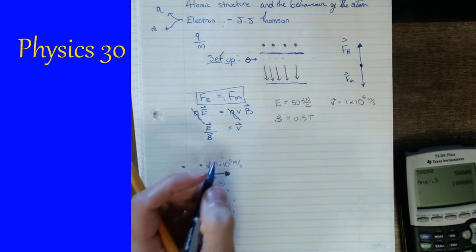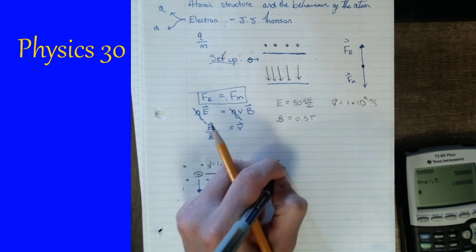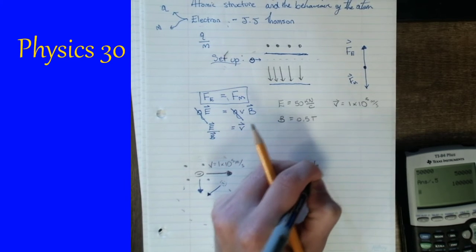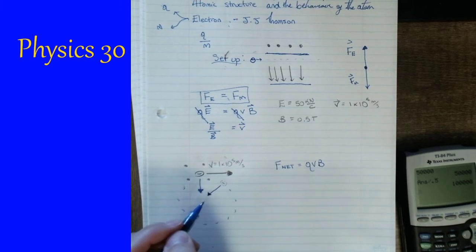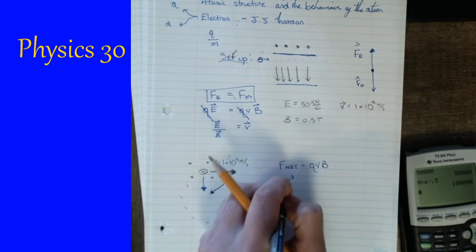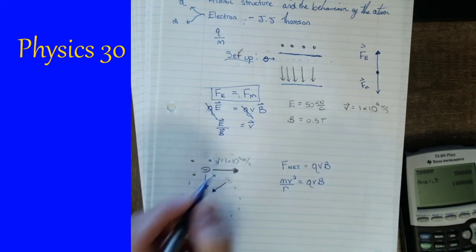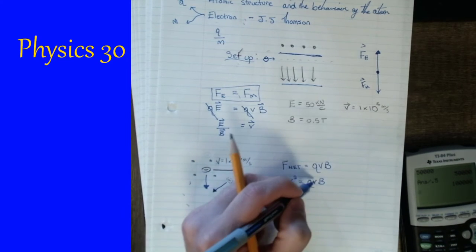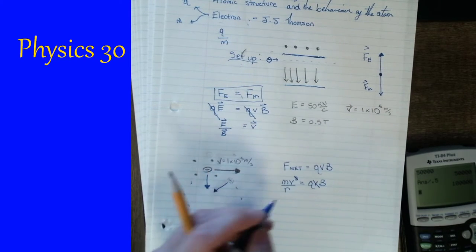So now we have that the net force is equal, the only thing acting on this is the magnetic force, but it's circular motion. So we can say mv squared over r is equal to qvb. And now we can cancel out the velocity here, divide by m, divide by b.